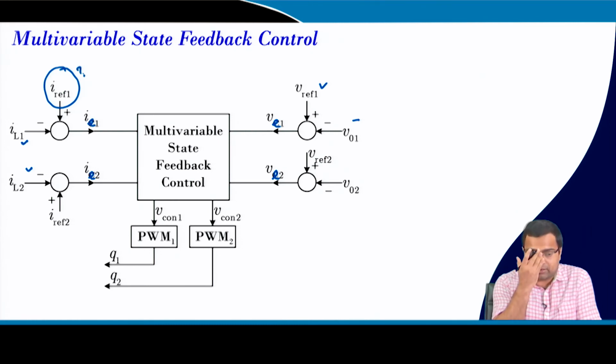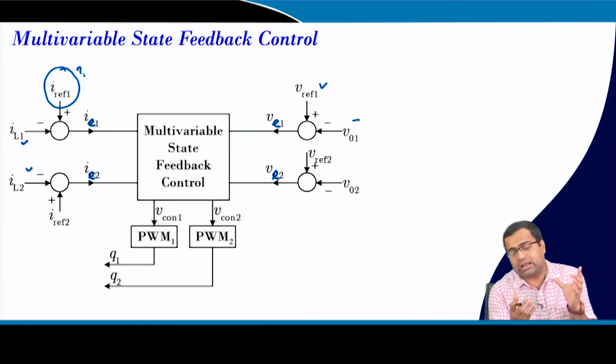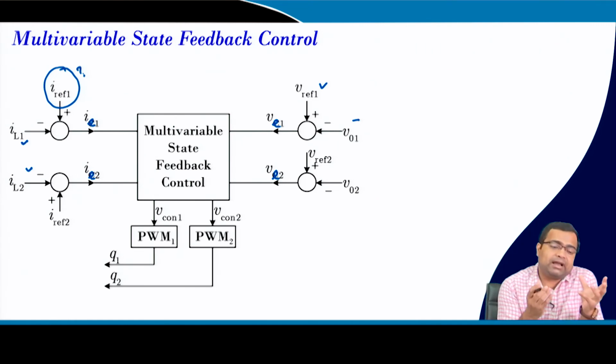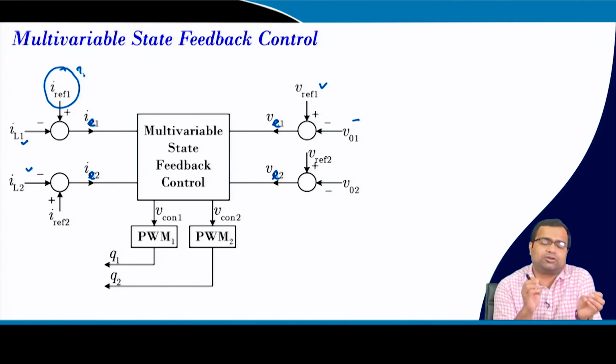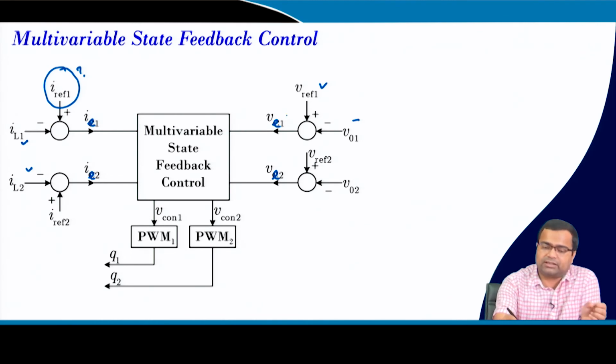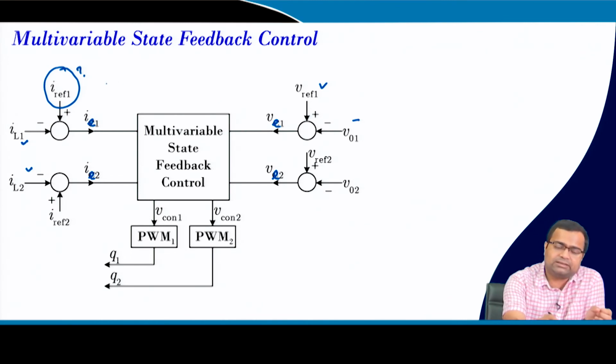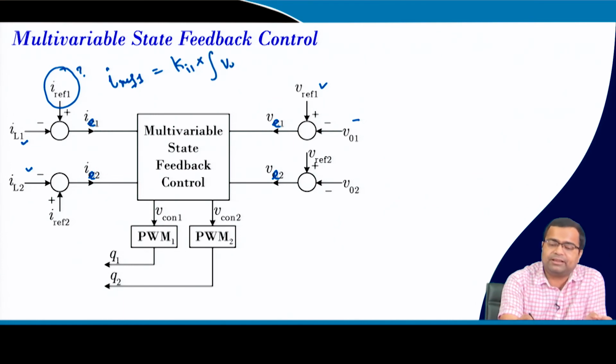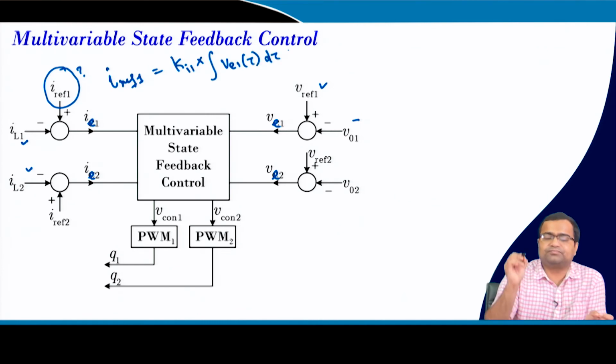So, IREF1, as we discussed in current mode control, can be generated by the integral action of the error voltage. That means, if we take this error voltage, IREF1 can be simply some integral gain 1 times the integral of error voltage VE1 d tau, right.